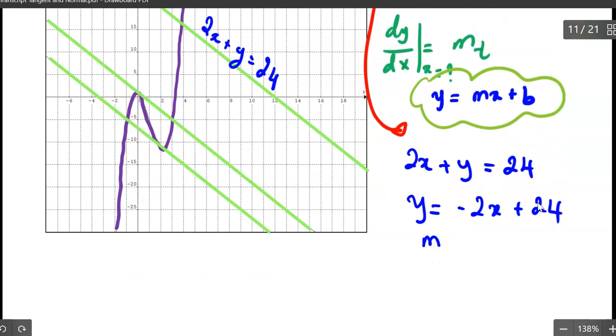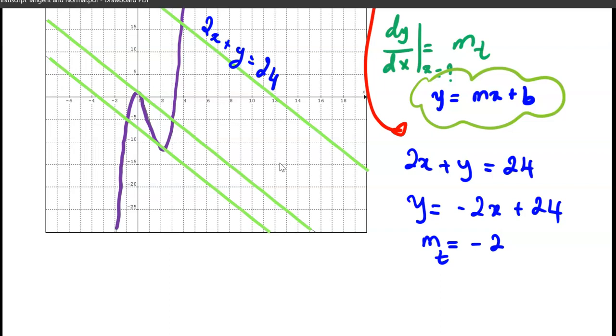Therefore, the slope is equal to -2. So we can conclude right away that the slope of the line parallel to this is -2. Therefore, the slope of the two tangent lines is also -2. So I can put here mT = -2.